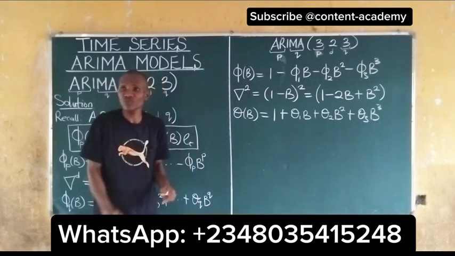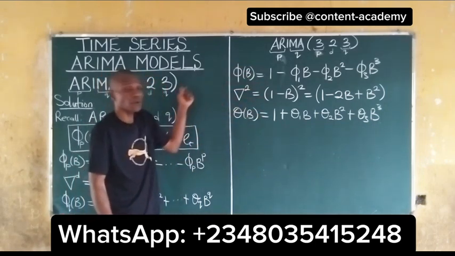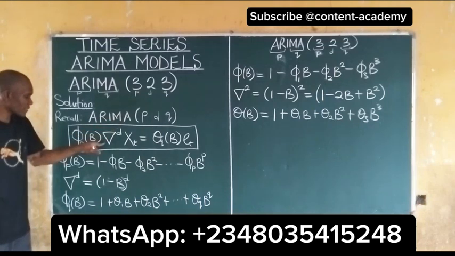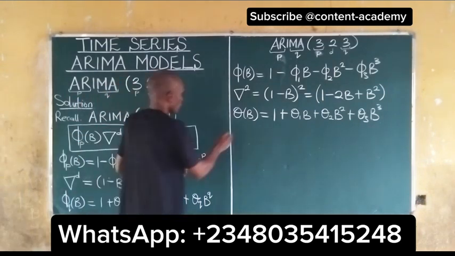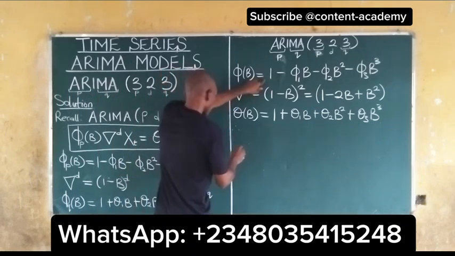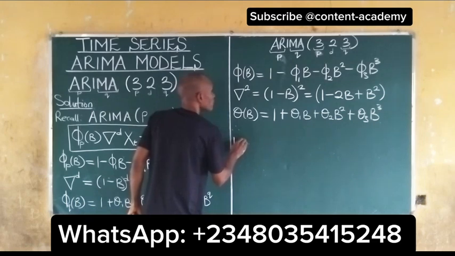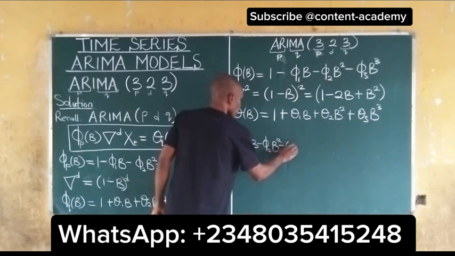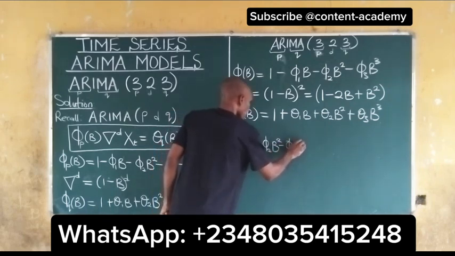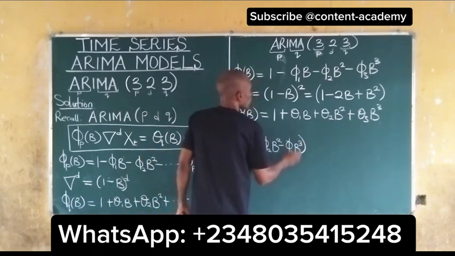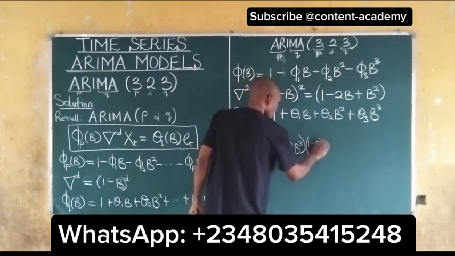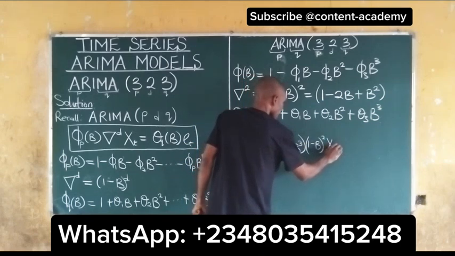So the next thing for us to do is to put this into our model. This is our model. So we'll write the whole of that as this. Therefore, we bring out this 1 minus phi 1 B minus phi 2 B squared minus phi 3 B3 into our difference thing, which is 1 minus B squared Xt.